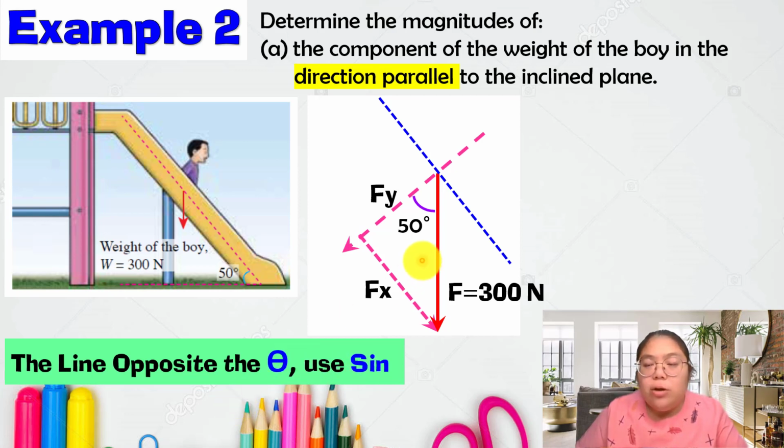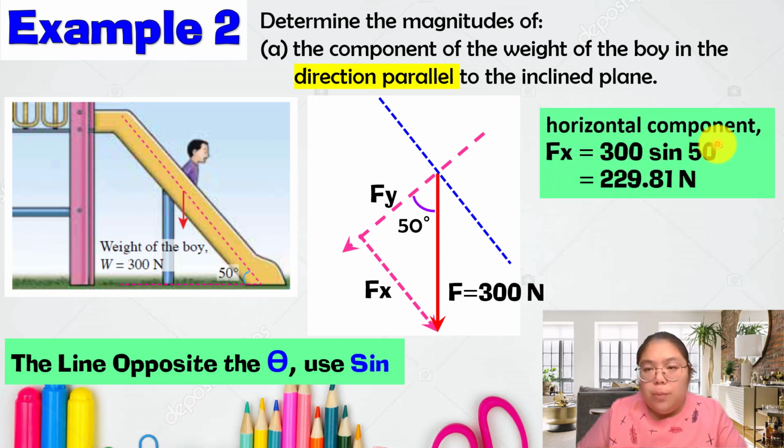So from here your equation should be 300 sine 50. That's the Fx. Horizontal component Fx equals 300 sine 50. So you press your calculator, I get 229.81 Newton.